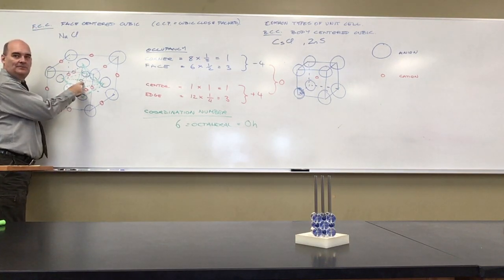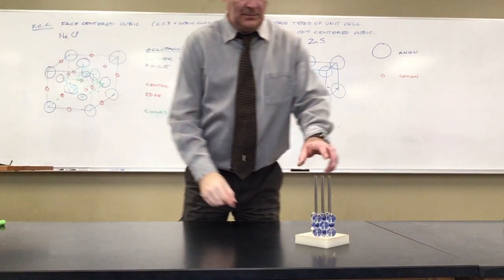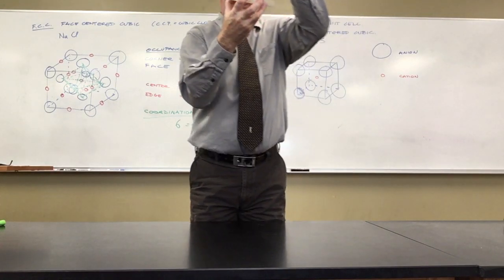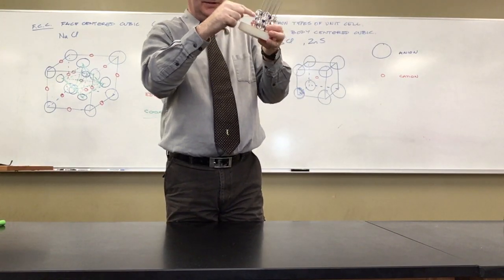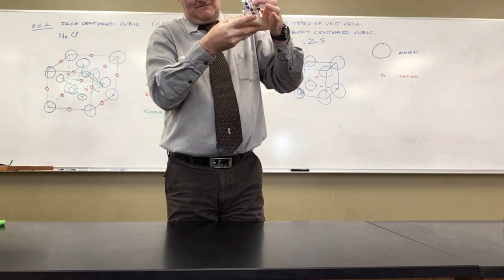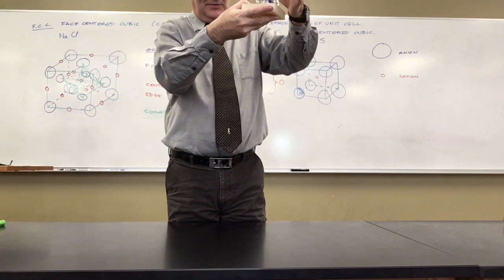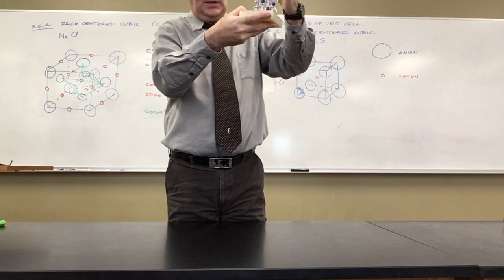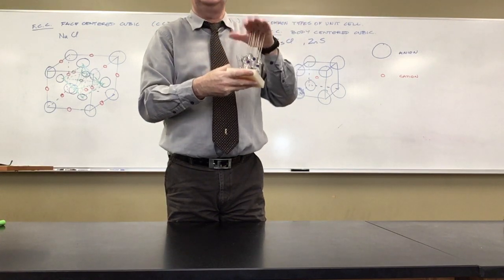Meet the octahedron. I can't even see it. There is a little tiny blue ball at the center. There it is. A little blue ball at the center of this thing. And it is equidistant to its 6 nearest neighbors.